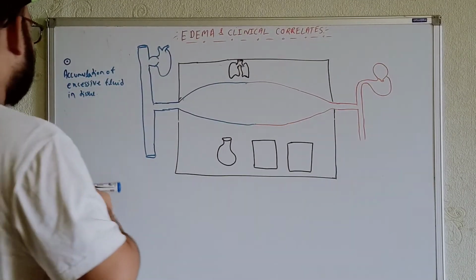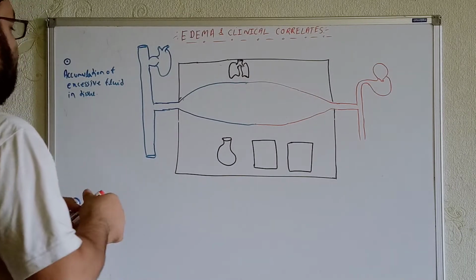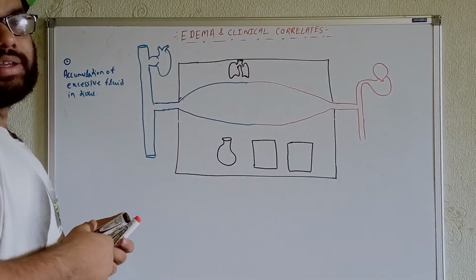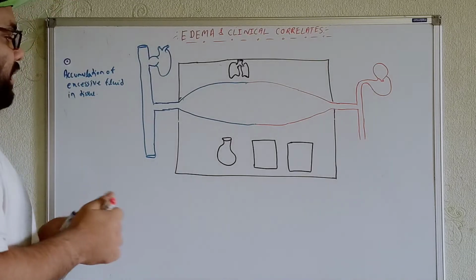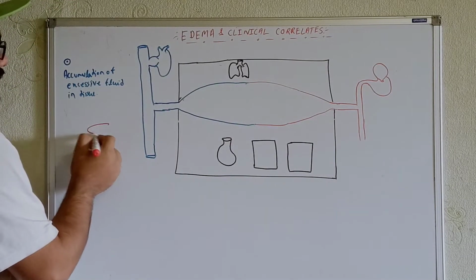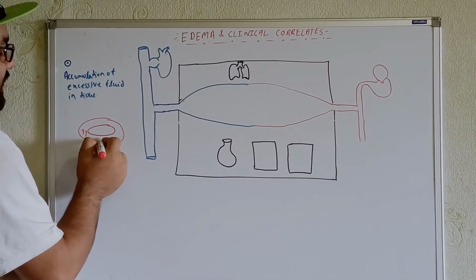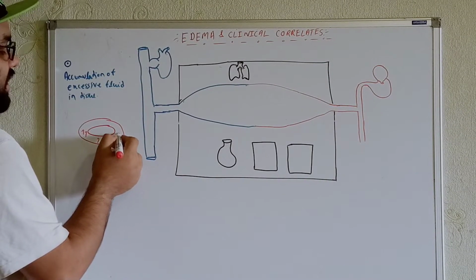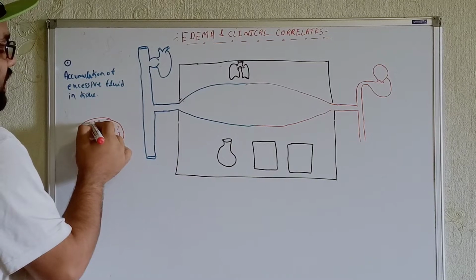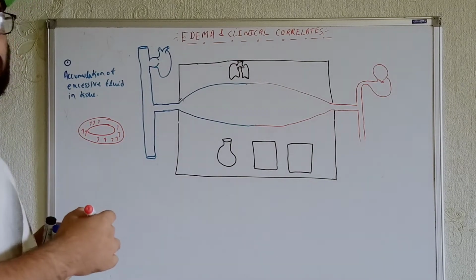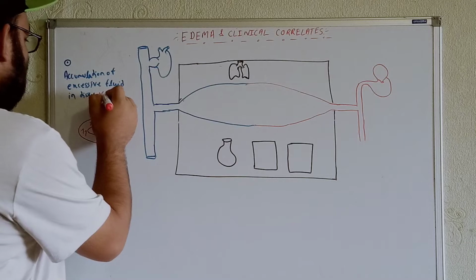So when you are talking in terms of the accumulation of fluid in tissue, definitely that will be extravascularly. Now try to understand. For example, in the general circulation, if we see the volume of the blood getting increased, definitely we are not going to say it's edema. It's not edema. So definitely we have to use the term extravascularly.